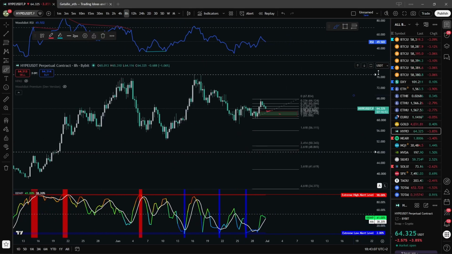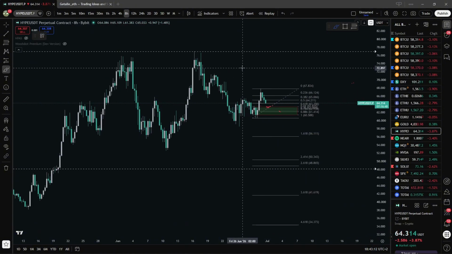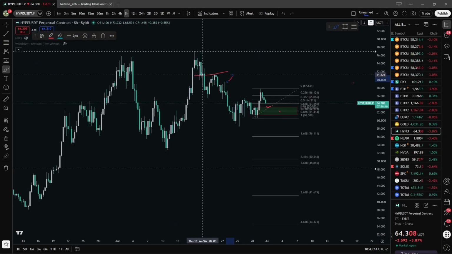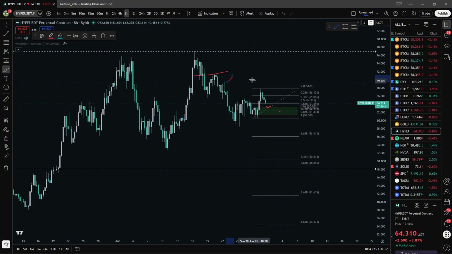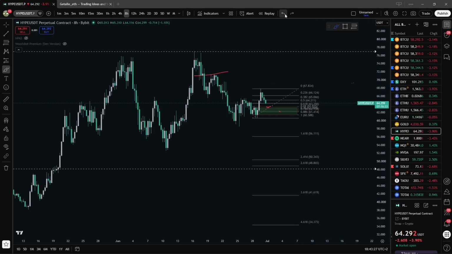And then you can probably target at least 71, I think. And maybe then it rejects and ranges again. But yeah, I would definitely look for a long around the 63 to 61 area. I think Woods is looking around 62-ish for HYPE as well, so it would align with this area.